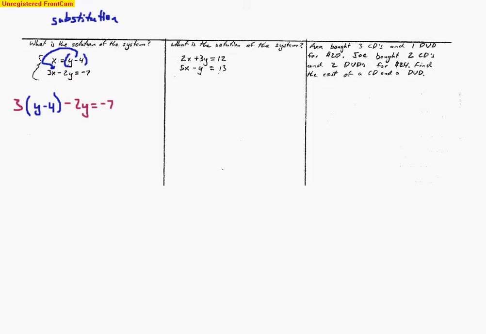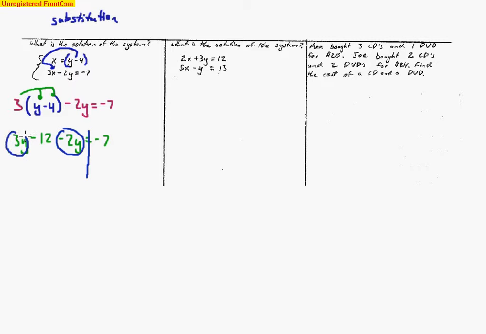So we go ahead and use the distributive property here, multiply 3 over that subtraction. And what's left over? Well, we've got 3y minus 12 minus 2y equals negative 7. A common mistake I'm going to see people make is they're going to add the opposite for the y's, but that's not what we do. See how the y's are on the same side of the equal sign? So here I collect the two y values.